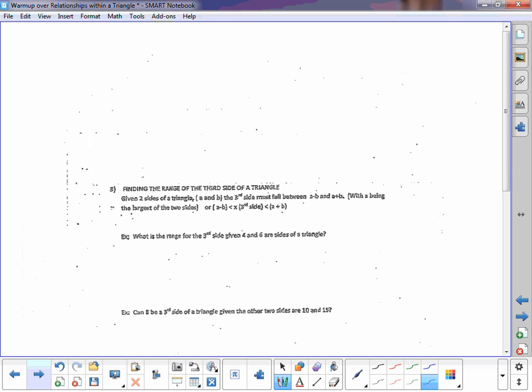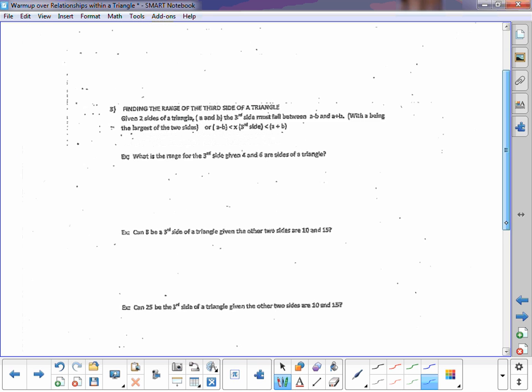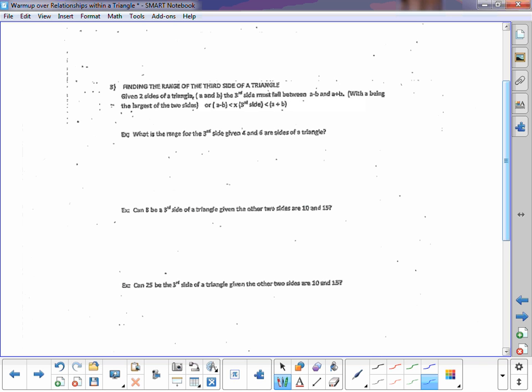All right. So now on the back side, it talks about how to find the range of our third side of a triangle. So they give us two, and we have to find the possible lengths, the range of lengths, where that third side could be. Now, again, we did it at first a long way, but then we realized a shortcut. What is my shortcut?